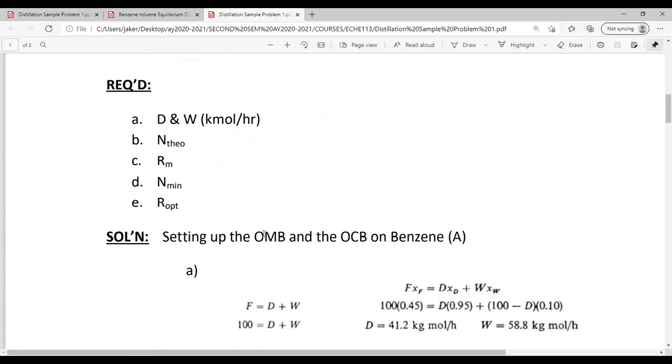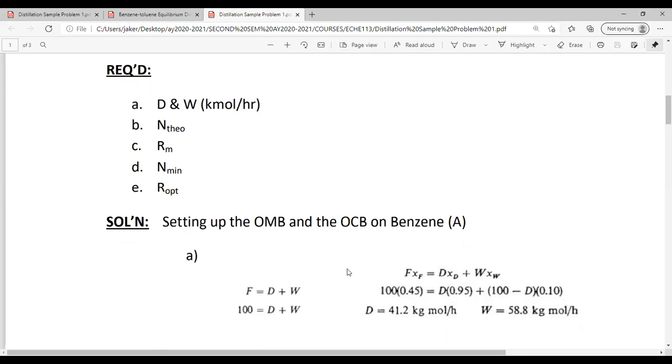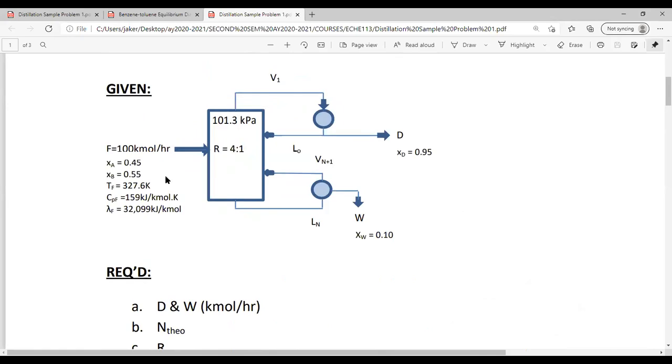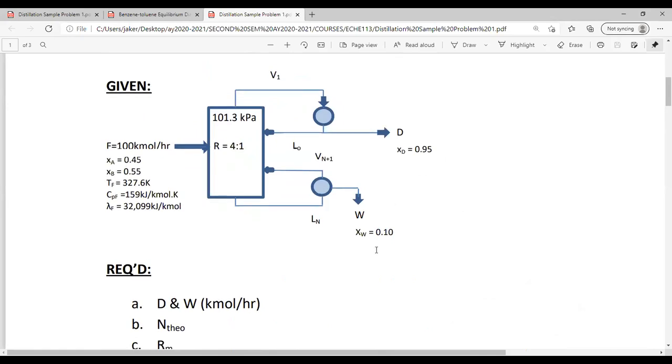So if you set up your overall material balance and your overall component balance based on the most volatile component, which is benzene, in this case, that's A. So this is your overall material balance, and this is your component balance. Your component balance is patterned from your overall material balance, and you just make use of the mole fractions provided in the problem. So you have 0.45, you have 0.95, and you have 0.10.